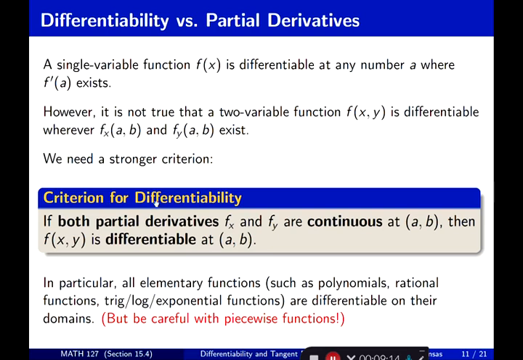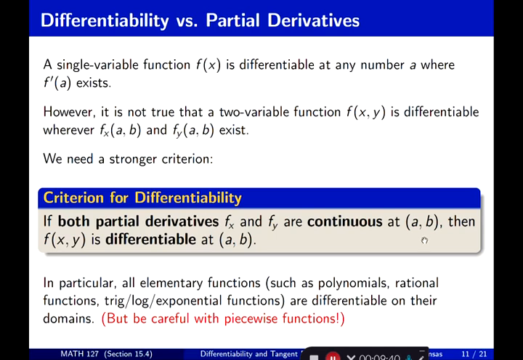Criterion for differentiability: if both partial derivatives f sub x and f sub y are continuous at a and b, then f of x and y is differentiable at a and b. The other way was okay without continuity. If f of x and y is differentiable, both f sub x of a, b and f sub y of a, b exist.